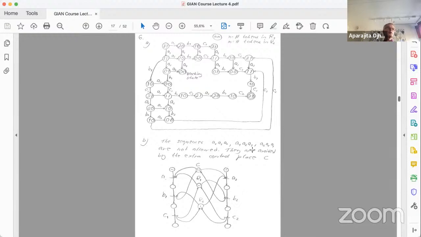And then, of course, one could discuss whether it is possible to generate these control places and control arcs automatically. And there is some machinery or some algorithm to do that.